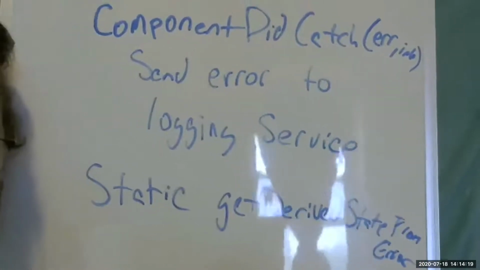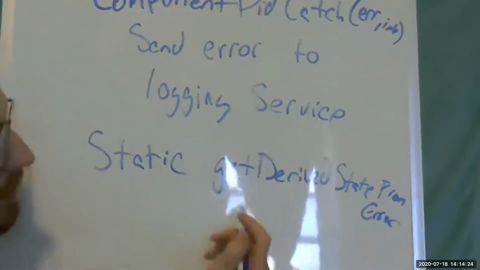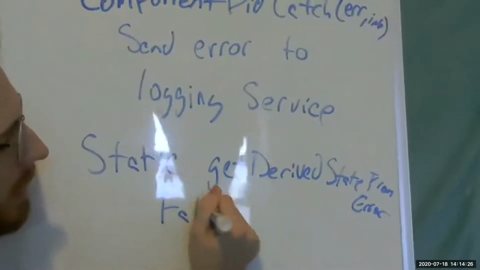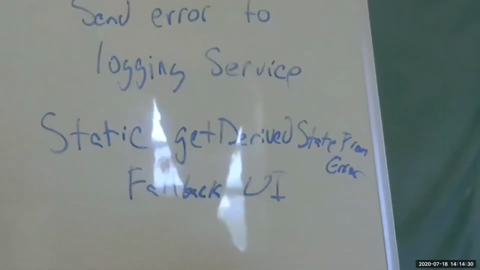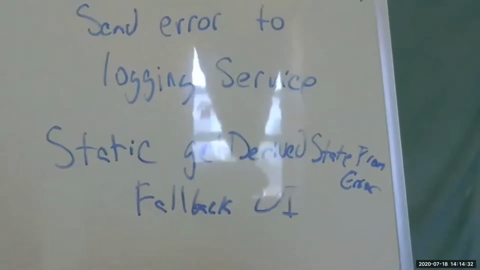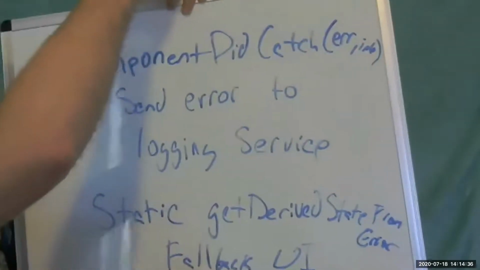I'll write it all down when we start coding too, don't worry. This is used for fallback UI. Okay, so if there's an error that occurs and we want something else to be seen, we could use that.